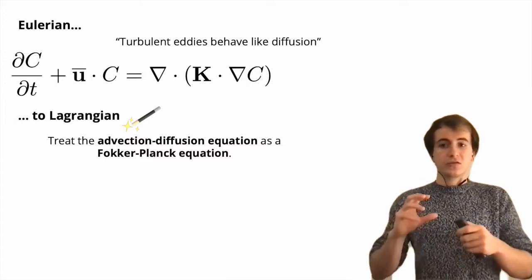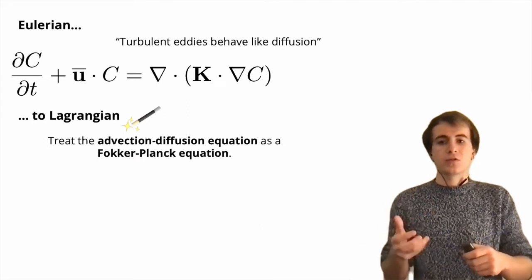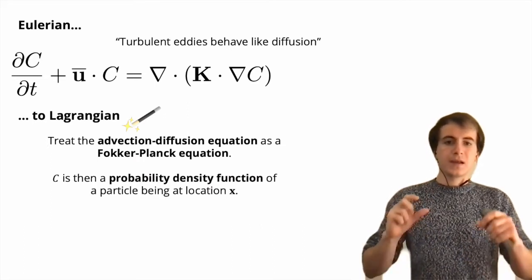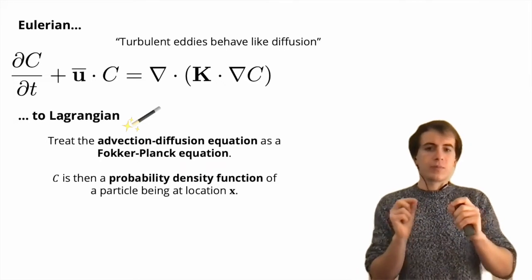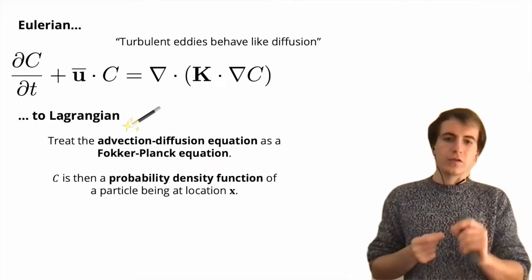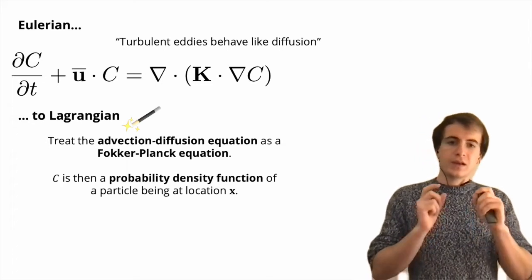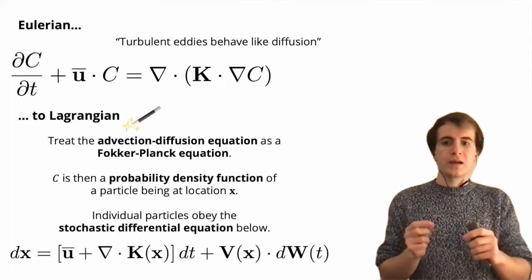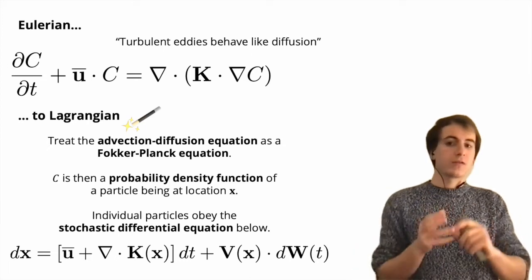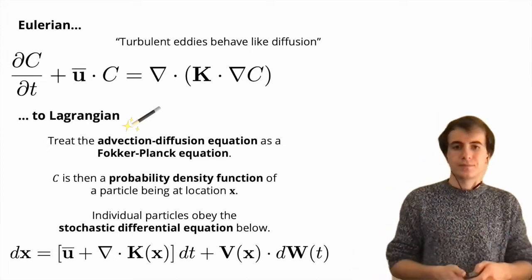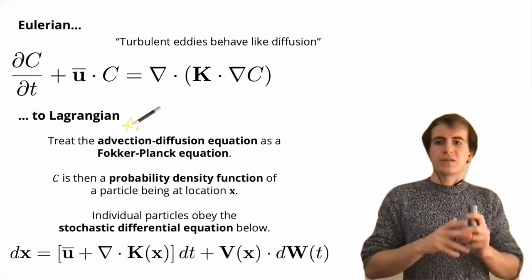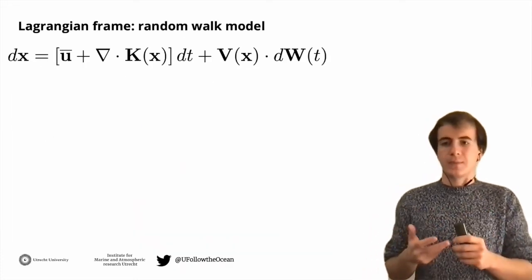In this case, C, which in the advection diffusion equation is the concentration, is then interpreted as a probability density function of a particle being located at position x. Then individual particles will obey the related stochastic differential equation below. So let's pick this equation apart.